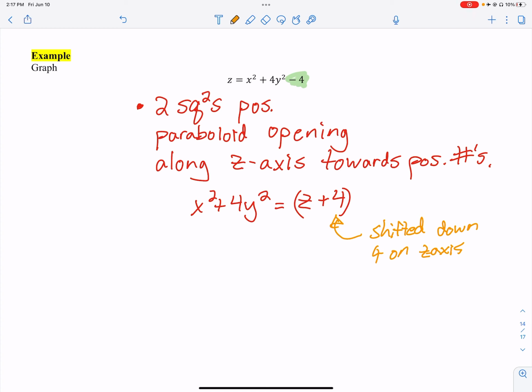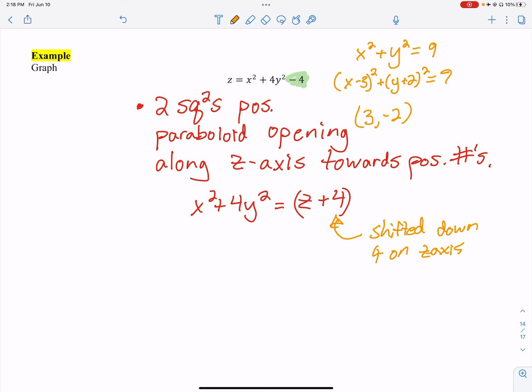Just think about when I plug in things, like if I have x squared plus y squared equals 9, and I plug in x minus 3 squared plus y plus 2 squared equals 9. Well, the center of the circle is 3, negative 2.